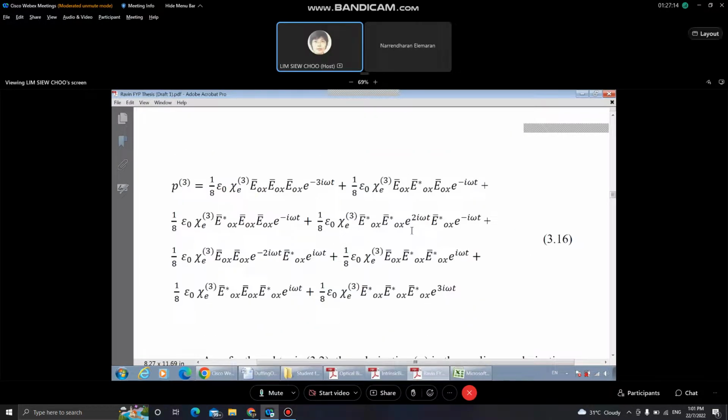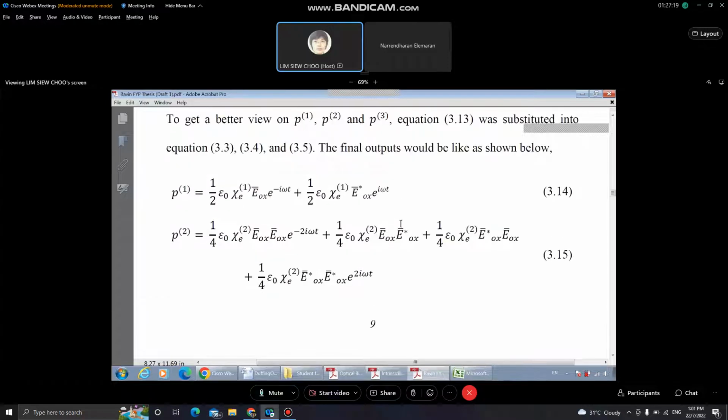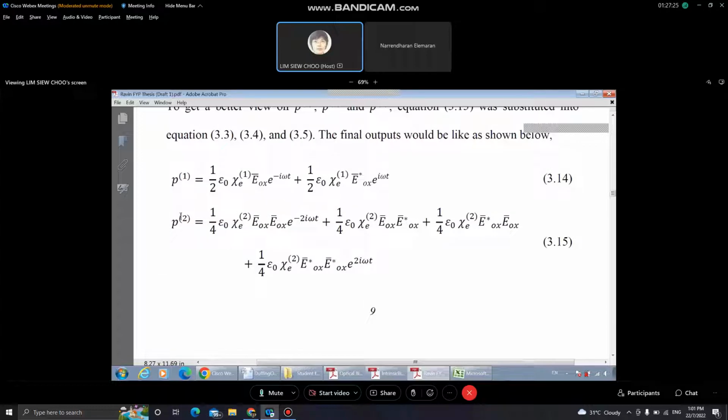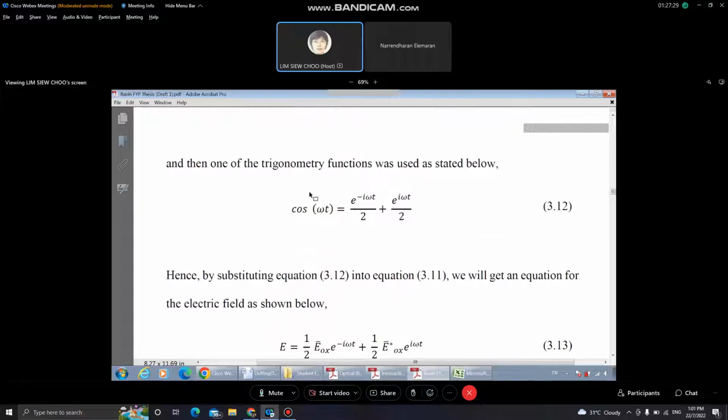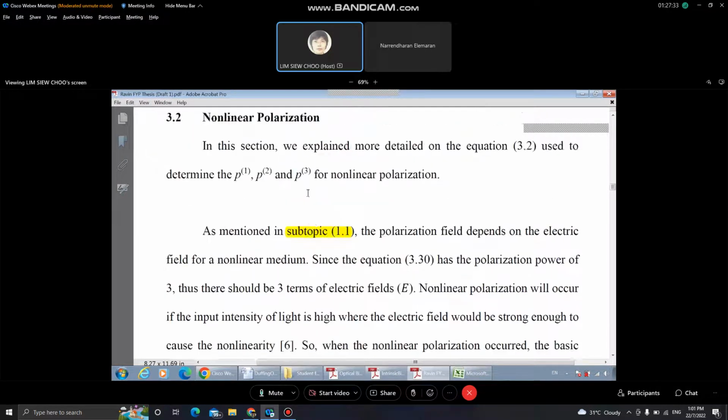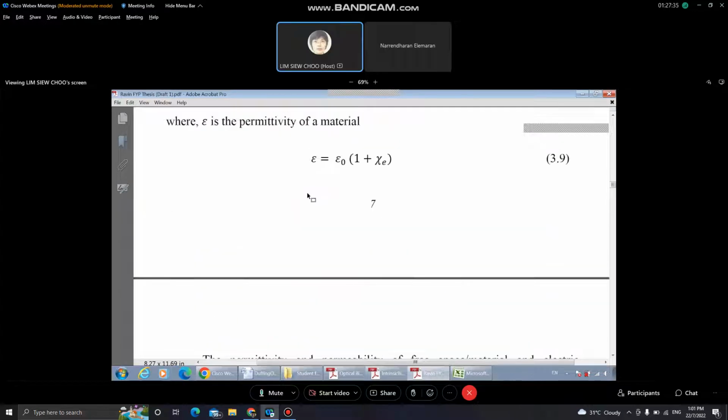I can see that you do not write very much. You put your P1, P2, P3, but when you put P1, P2, and P3 into the Duffy equation, do you mention the Duffy equation here? No.